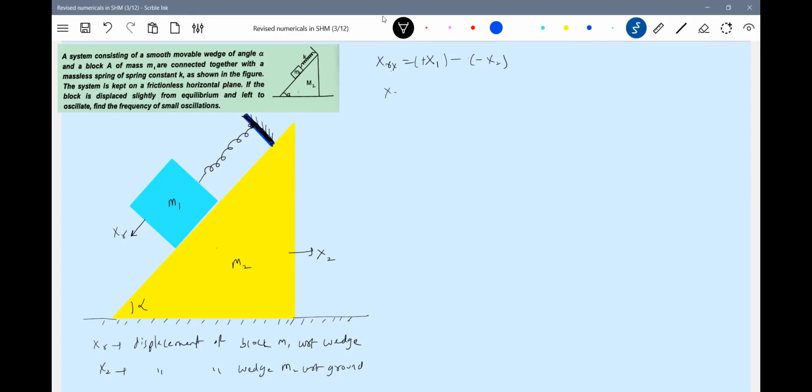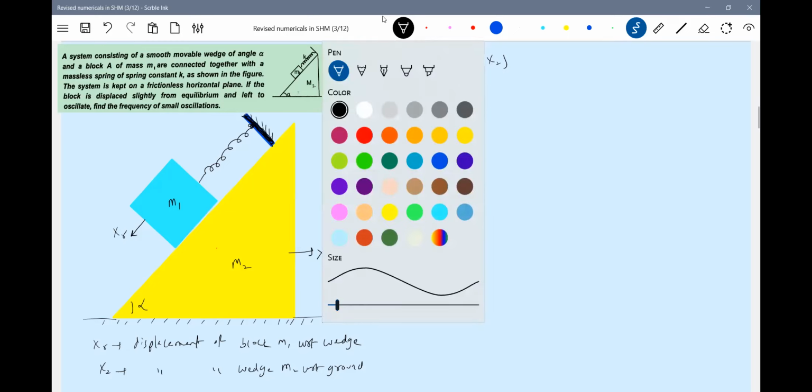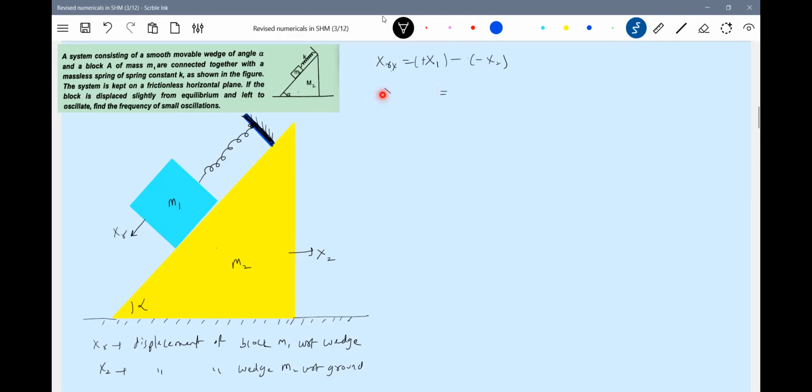So this should become equal to xr cos alpha. This we don't know, so if you are interested, you can go for x1x. That will be better. The wedge displacement will become plus. So I came to know now: xr cos alpha plus x2.